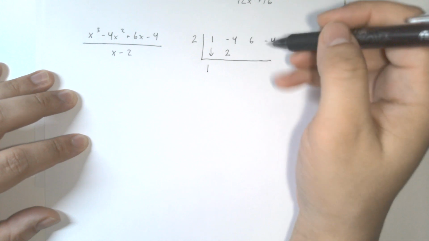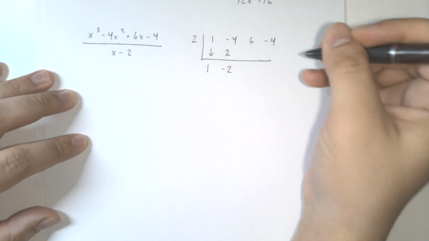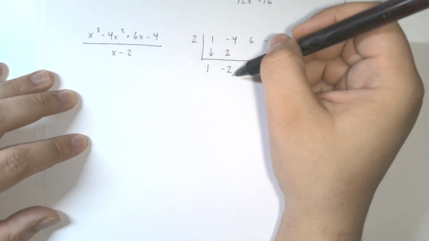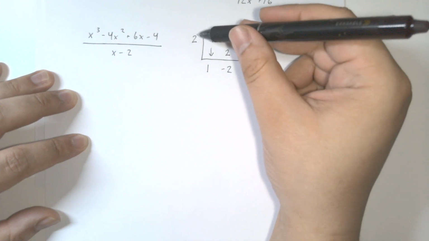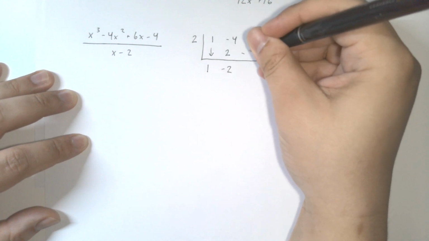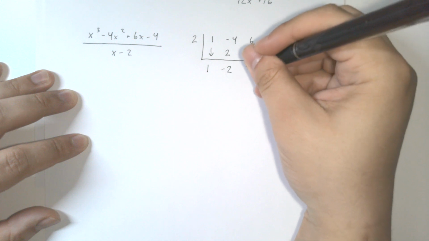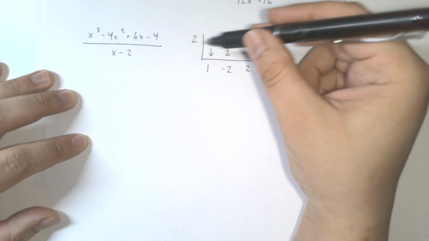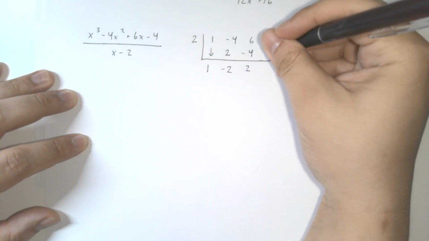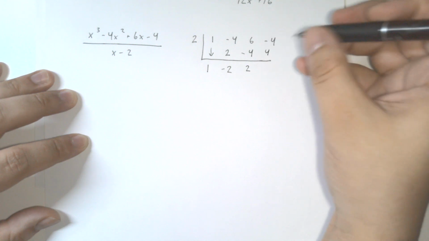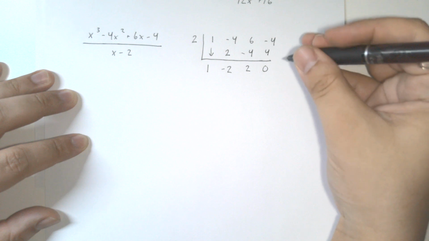So -4 plus 2, which is going to give us -2. And every time we're going to multiply 2 times whatever this number is. So 2 times -2 is -4. 6 minus 4 is +2. 2 times 2 is +4. And -4 plus 4 is going to be 0.